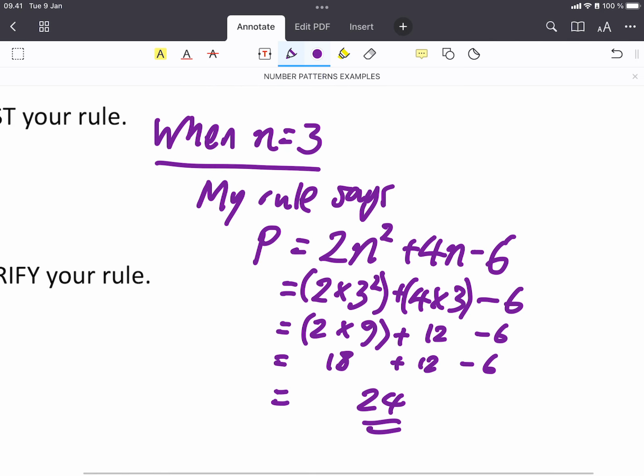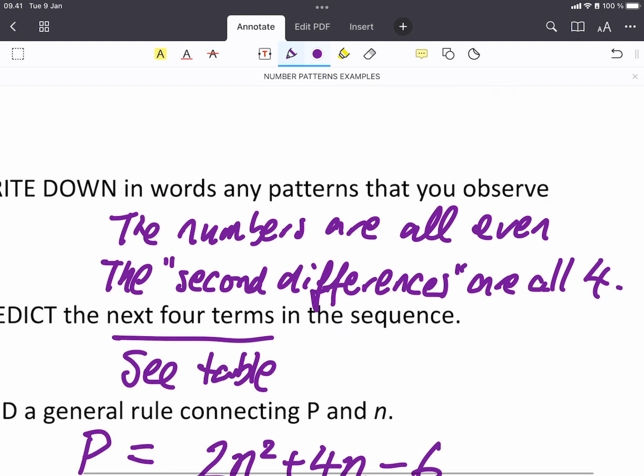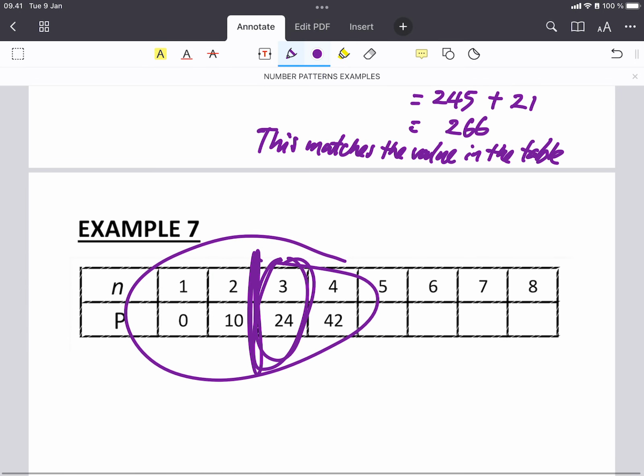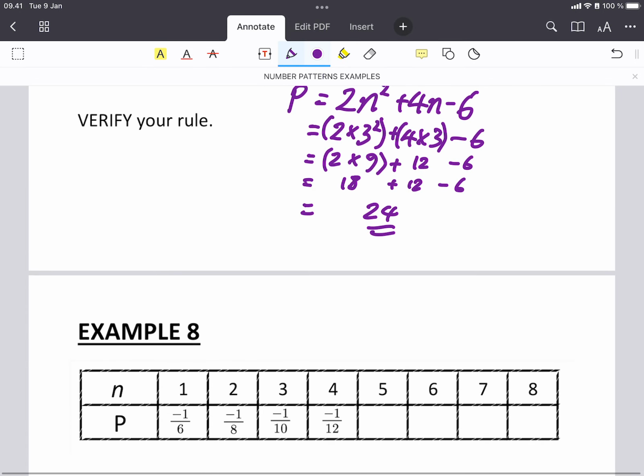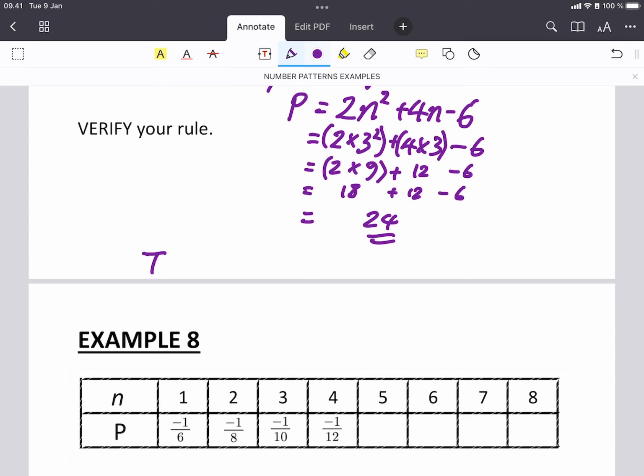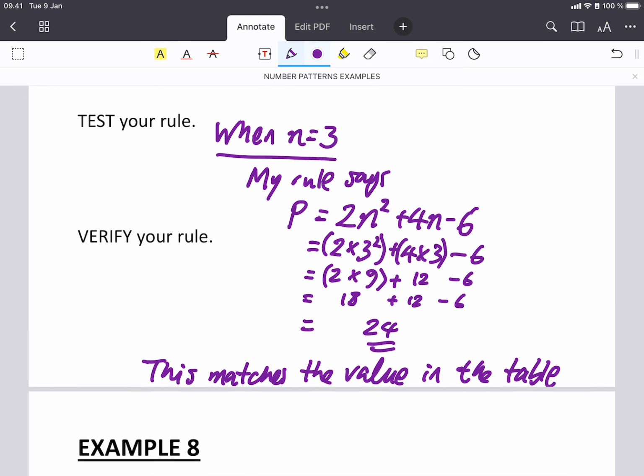When n equals 3, my rule says I should be getting 24, and that matches the value in the table. What a relief. So always make the observation, this matches the value in the table.